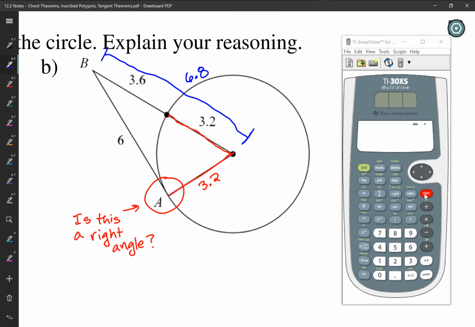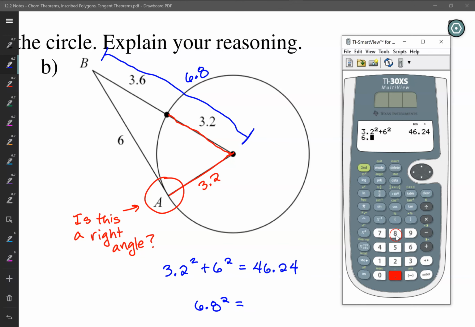So a squared plus b squared, leg squared plus leg squared, let's find out what that would be. That would be 46.24. C squared, 6.8 squared. Oh, look, that's 46.24.